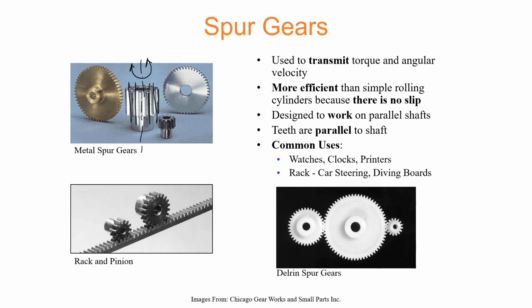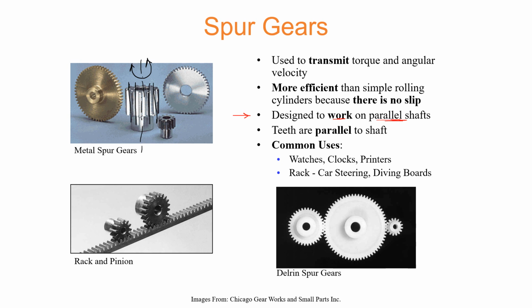That's the distinctive feature, and that's indicated over here. This is going to allow you to work on parallel shafts. So when the input gear is a spur gear, the output gear is also going to be a spur gear, and that's why parallel shafts are the necessary feature.